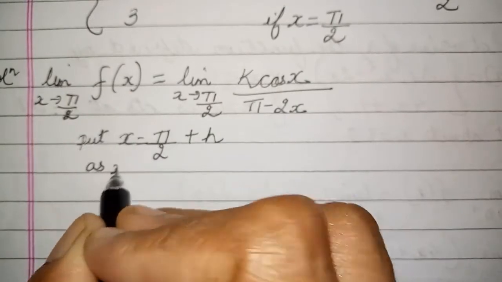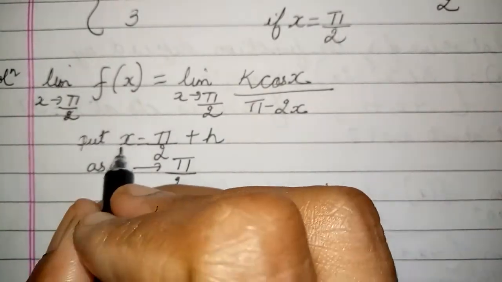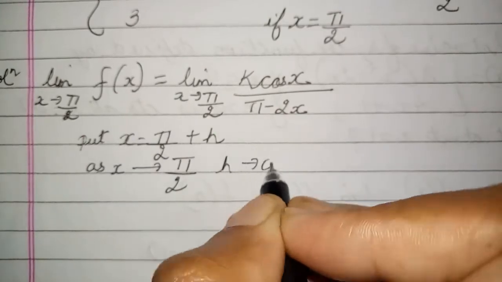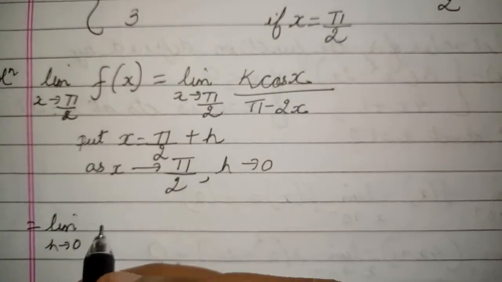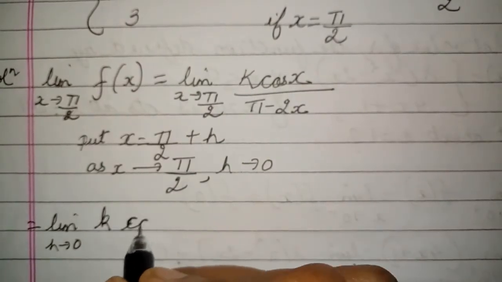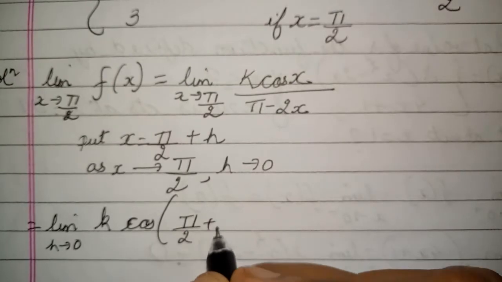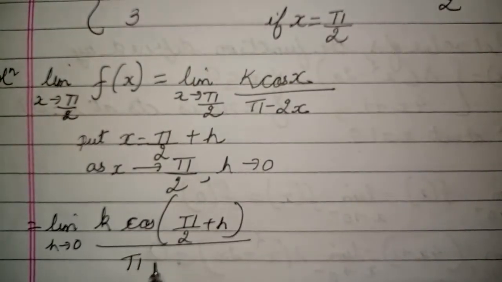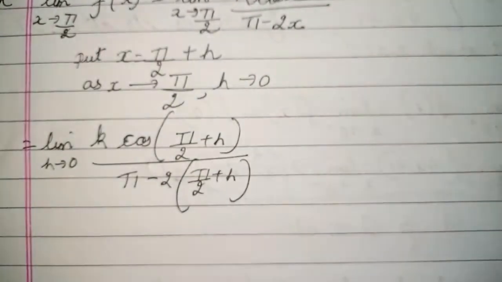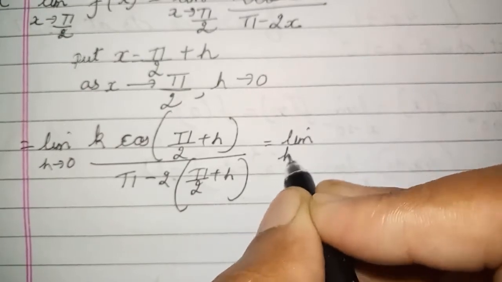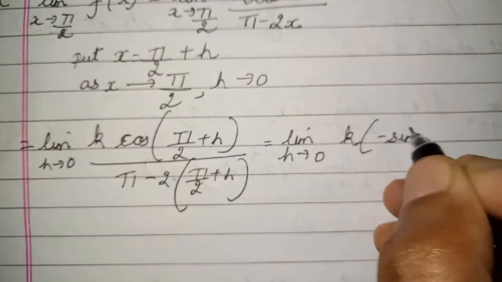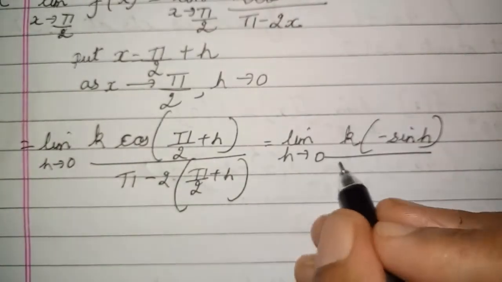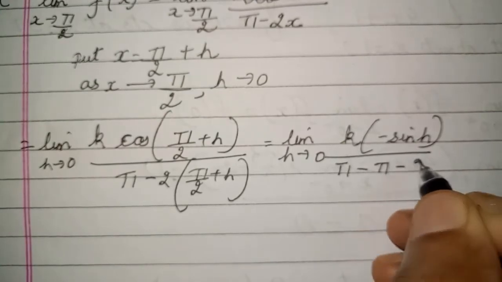So what will happen when x tends to pi by 2? When x tends to pi by 2, h will go to 0. So it will be the limit as h tends to 0. The new substitution will give you k cos of pi by 2 plus h divided by pi minus 2 times pi by 2 plus h. So this is equal to the limit as h tends to 0 of k cos of pi by 2 plus h, which is, children, minus sin h, upon, when you open this, pi minus 2h.